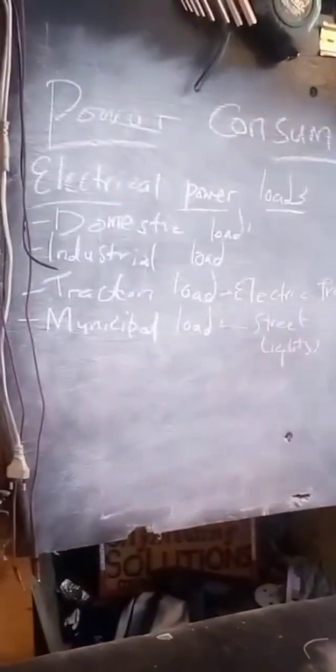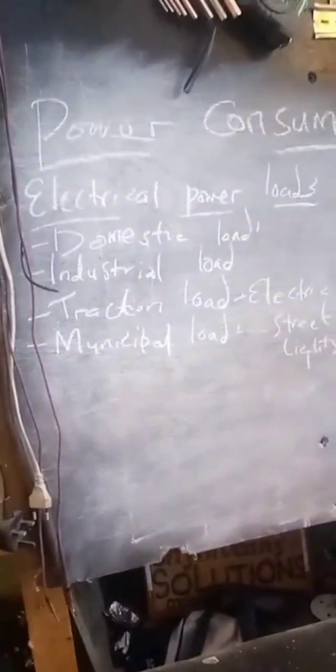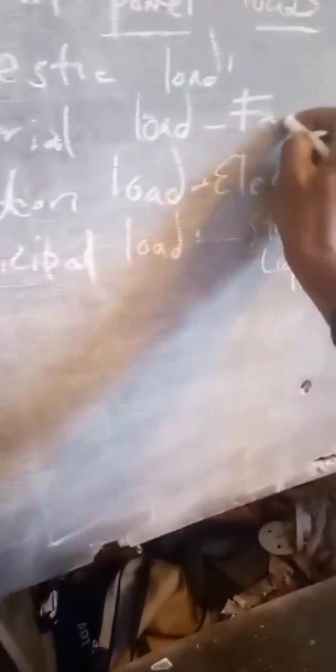Then traction loads means things like electric trains and any other vessel that uses electric means of transport to commute. These are some examples of loads you can term as traction loads. Then industrial loads you have used in factories or industries.